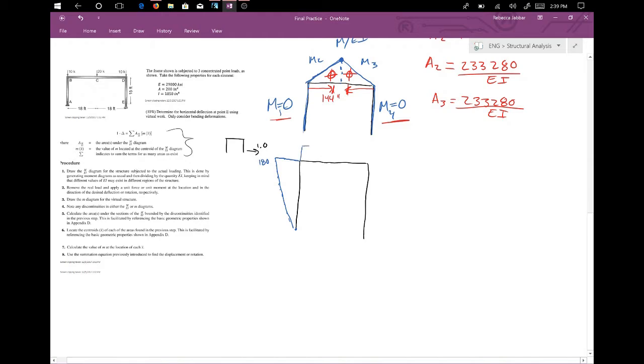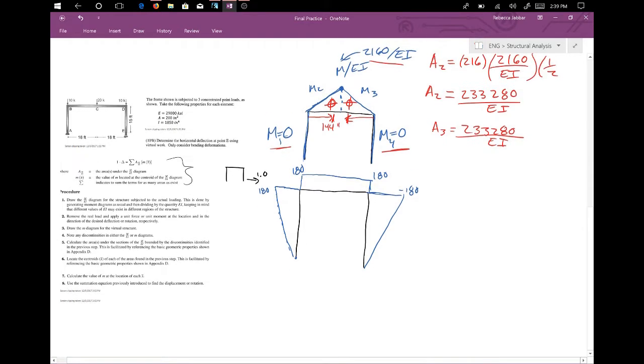These guys were a constant 180. Picture that as a straight line. All right, constant 180, and this guy will be negative. It doesn't need to be pretty, it's just for us. Negative 180.